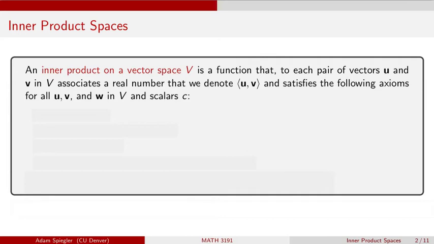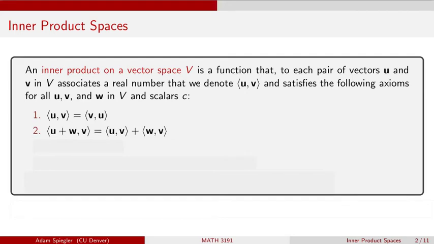So these properties that I'm about to show are going to need to hold for all such vectors u, v, w, and scalars c. So the first property is a commutative property. That is, if I take the inner product of u and v, that is the same thing as taking the inner product of v with u.